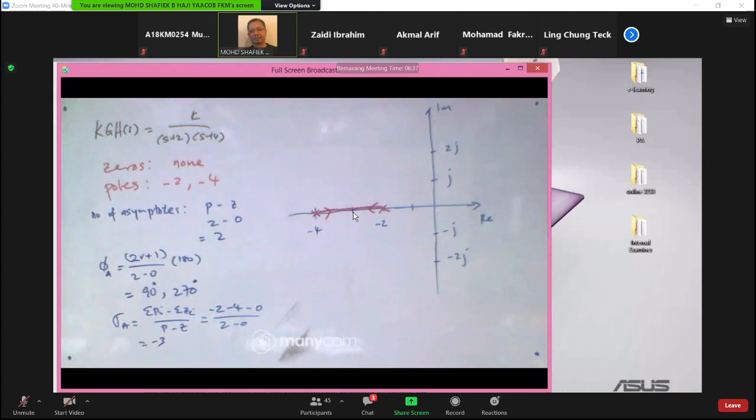So this is line -3, sigma A here, -3, and one of the angles is 90. I'm going to draw the first asymptote line. The first asymptote line goes through -3 at an angle of 90 degrees.